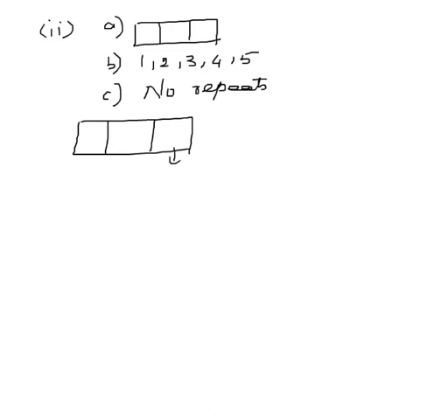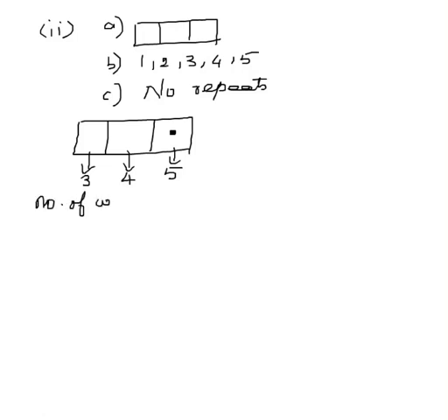I can fill up this ones place digit in any one of those 5 ways because 5 options I have. And then for the tens place digit, I have only 4 options, 4 choices, because I have already used 1 digit in ones place. So I have only 4 options left. So it can be filled in 4 ways. Now the hundreds place digit can be filled in 3 ways.